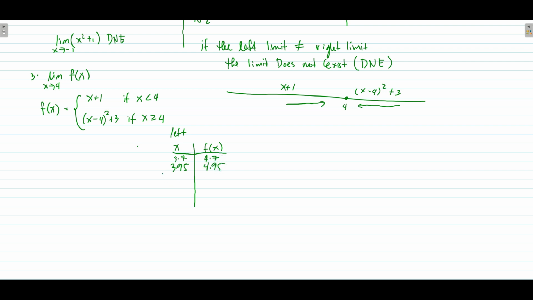We have 3.9999. So, that's going to be 4.9999. So, ito na yung pinakamalapit natin, no? So, roughly, the value or the limit from the left is 5.